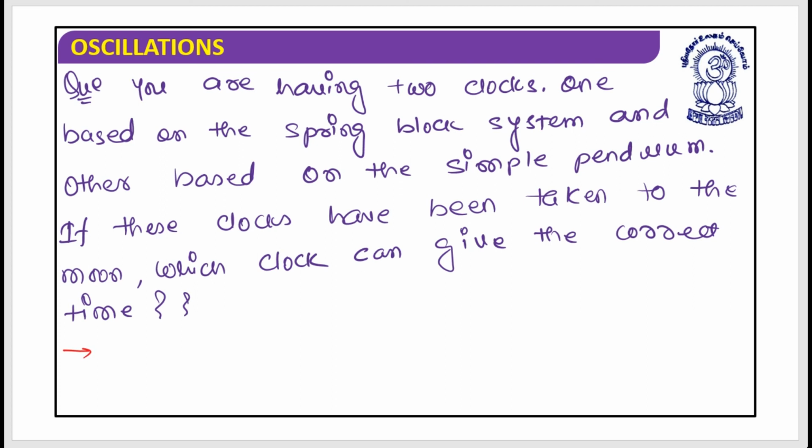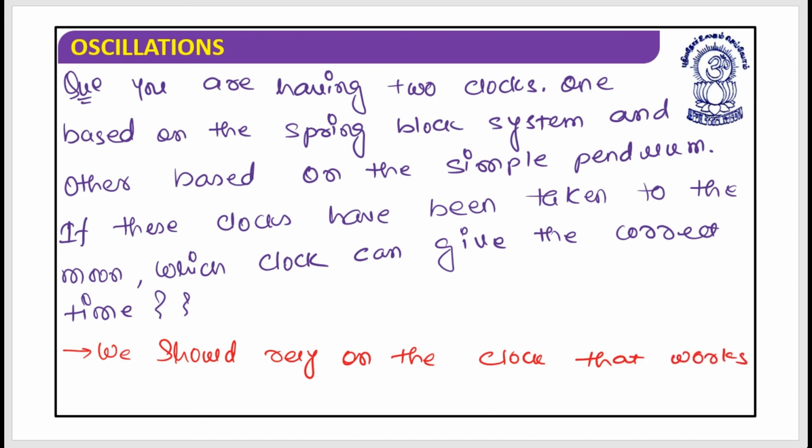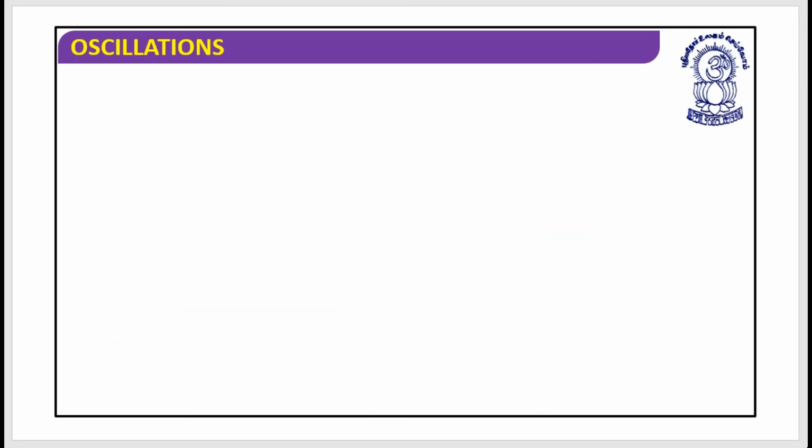Yes, we should rely on the clock that works on the spring block system. I hope you understand this. Why?